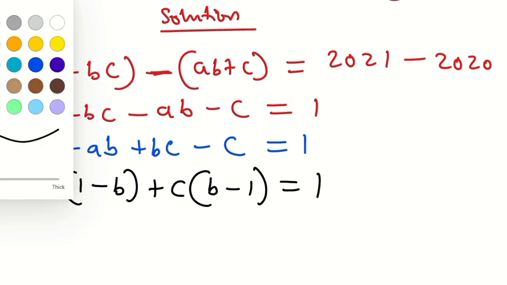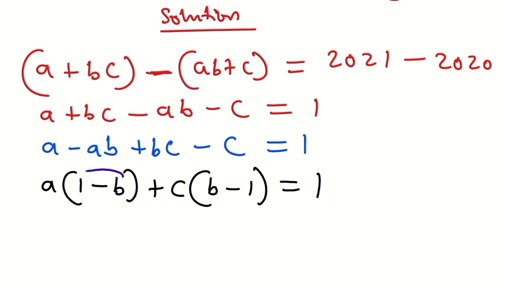But we cannot factorize any further when we have something like this. This is 1 minus B. But this is what? B minus 1. But we can negate this while changing the signs of the terms here. So if I negate this plus C here, I'm going to also negate what I have in the bracket.